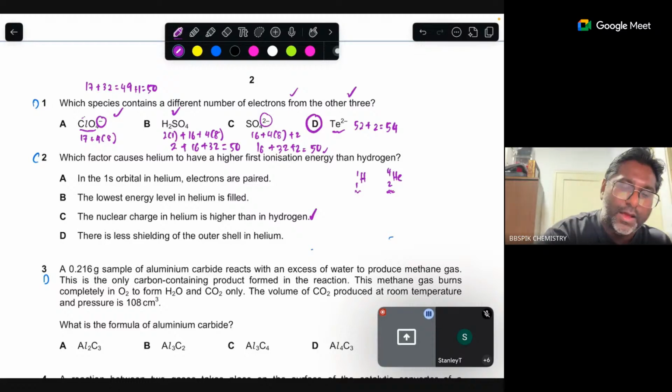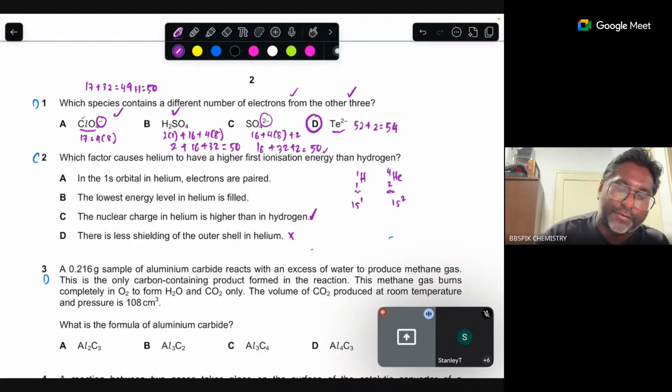If we look into the shielding effect, this is 1s1 and this is 1s2. The shielding effect is the effect done by the complete inner shell of electrons.